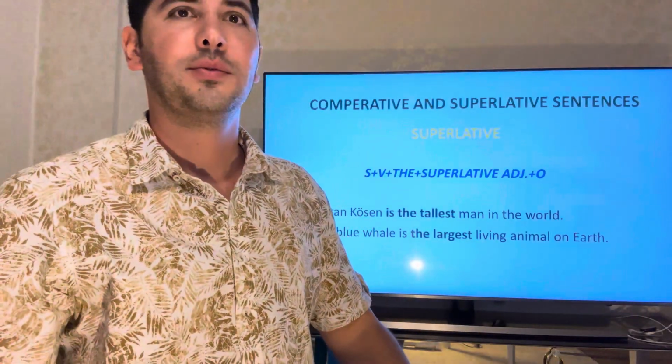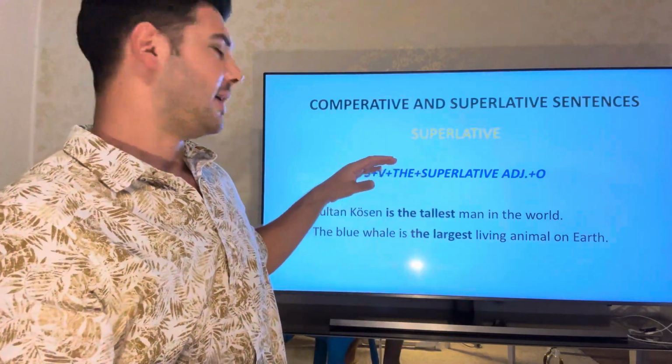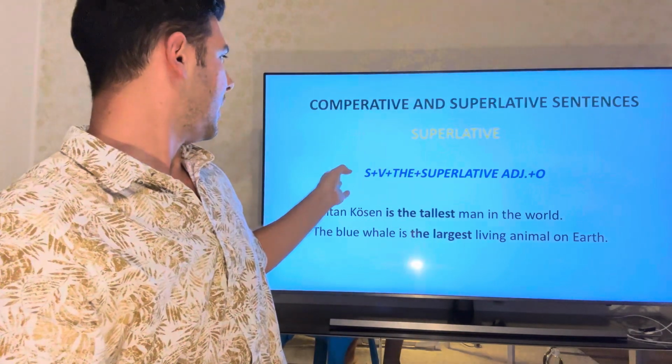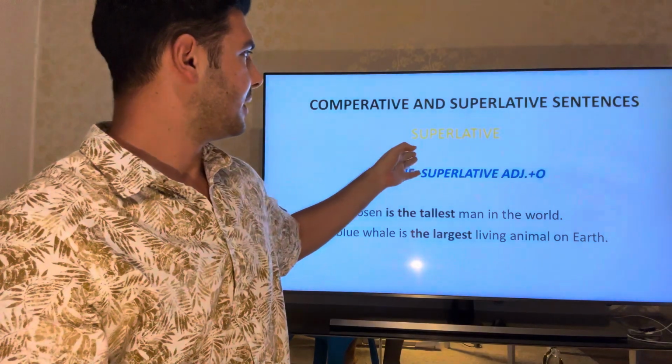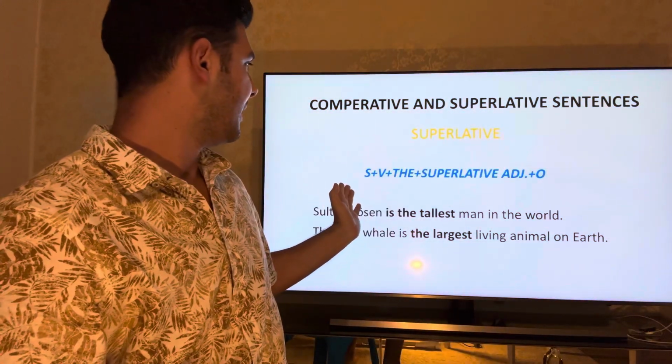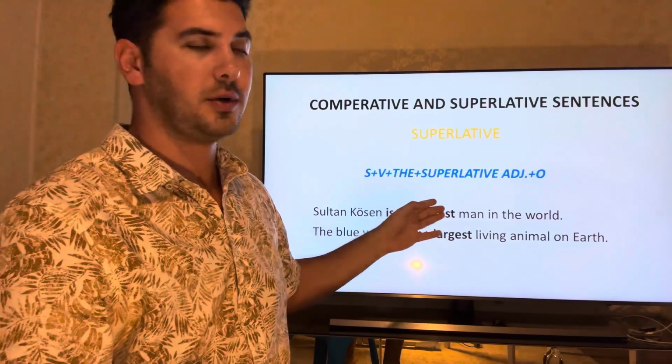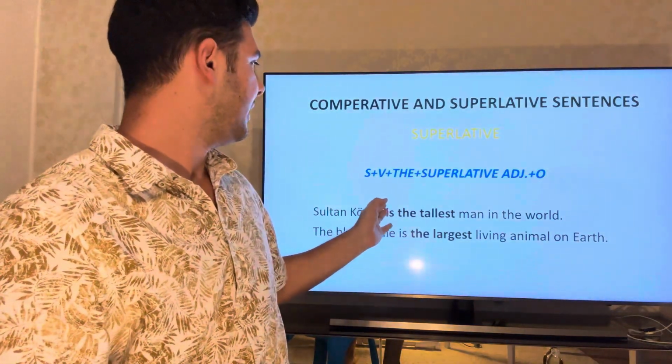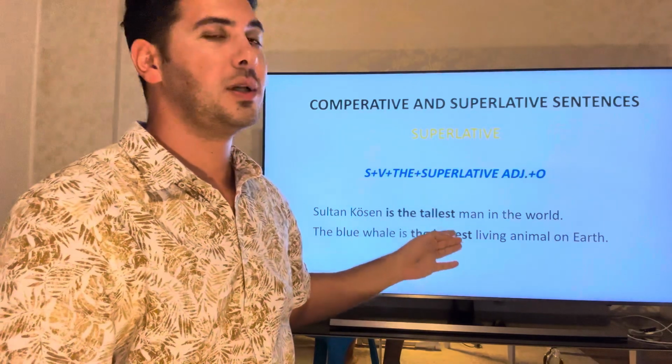The pattern for superlative sentences is as follows: subject, verb, the superlative adjective plus objective. Sultan Kösen is the tallest man in the world.